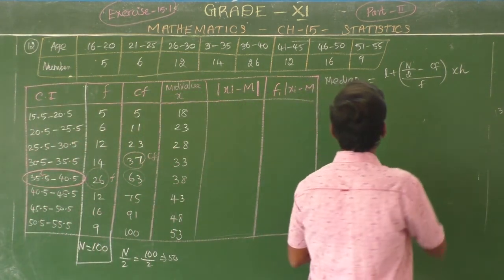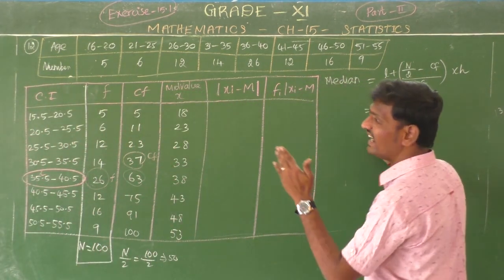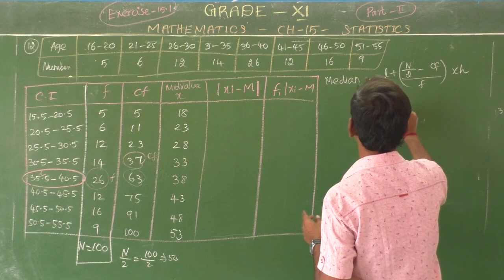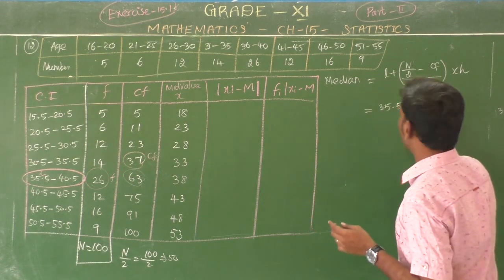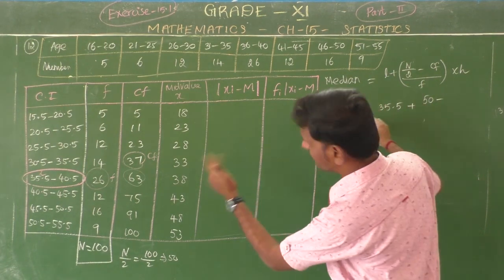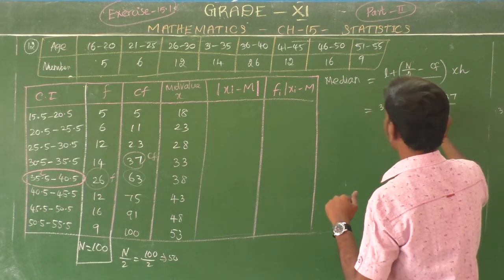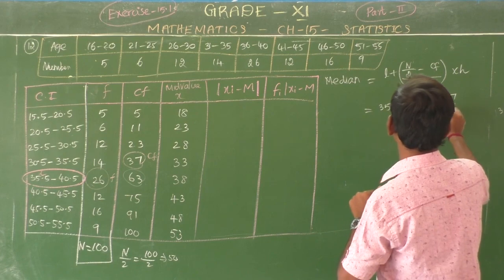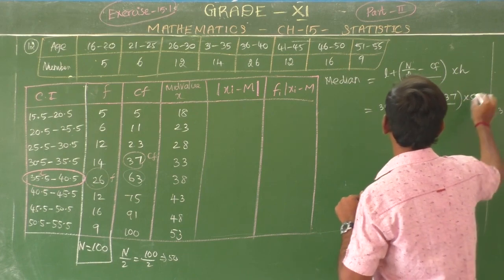Now I am going to substitute: L is 35.5, plus n by 2 is 50 minus the cumulative frequency 37, divided by f is 26, into 5.